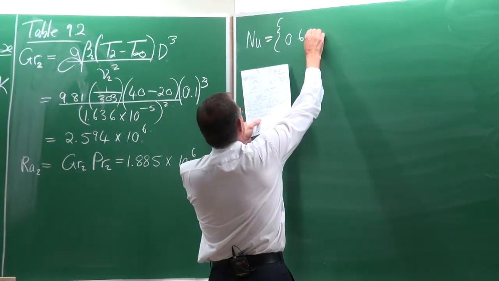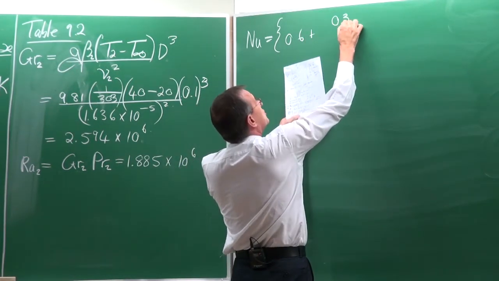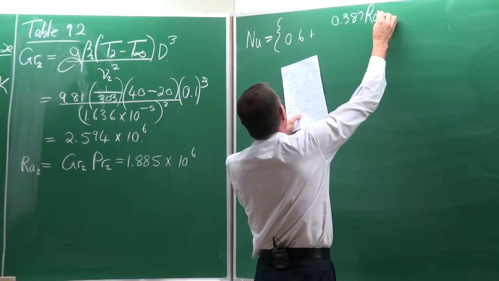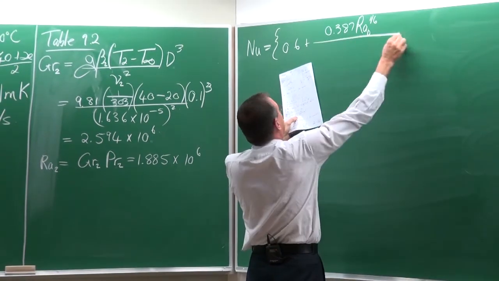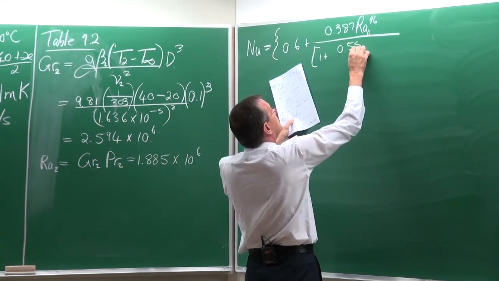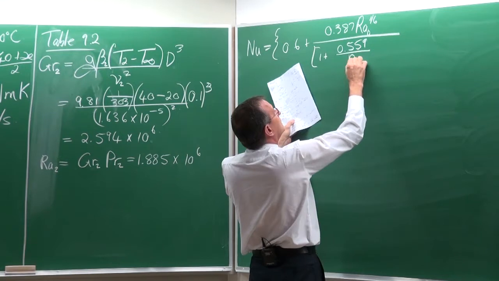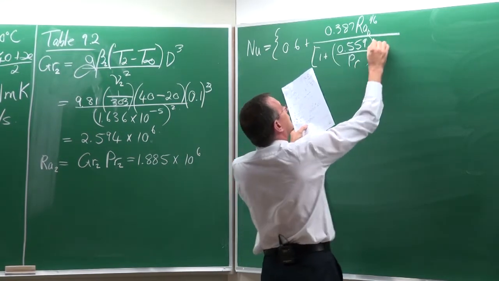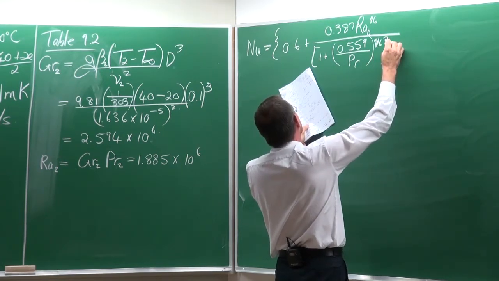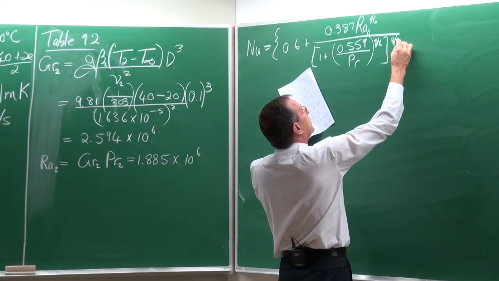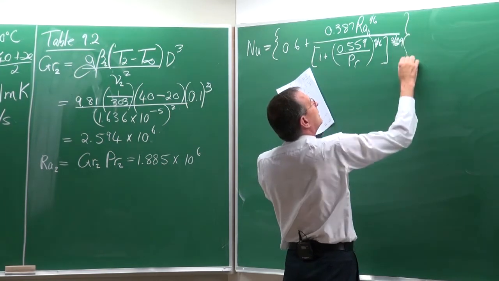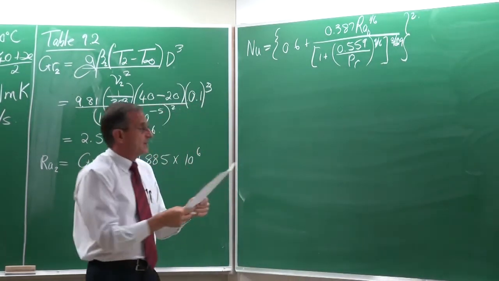It is equal to 0.6 plus 0.387 multiplied by the Rayleigh based on the diameter to the 6 divided by 1 plus 0.559 divided by the Prandtl, everything to the 9 divided by 16, and then all that closed in brackets to the power of 8 divided by 27, and then everything to the power 2, something like that.